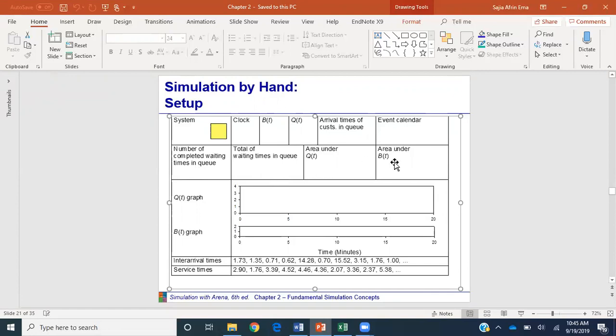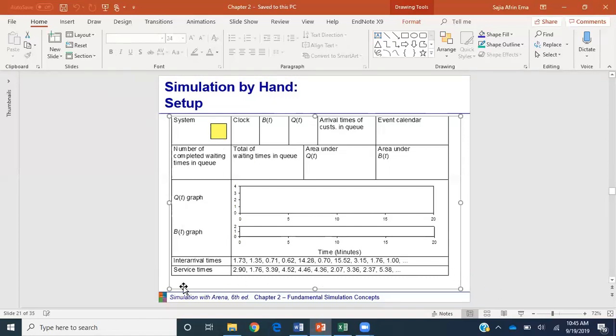Area under QT, area under BT. So these are two graphs that we are going to do. On the x-axis it's time. On the y-axis for QT is the number of parts in the queue at that time. And for the BT graph on the y-axis, it's the number of resources busy at time T. It's not resources because we just have one machine here.